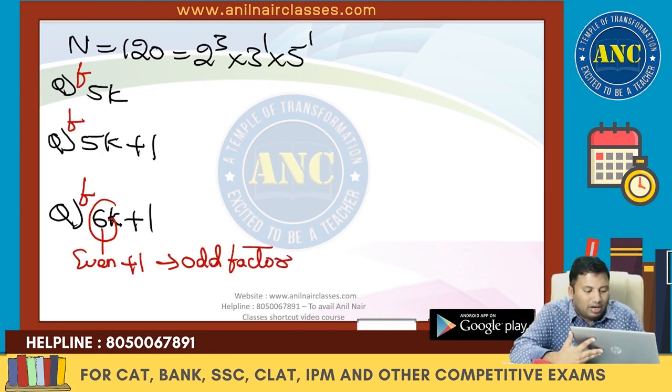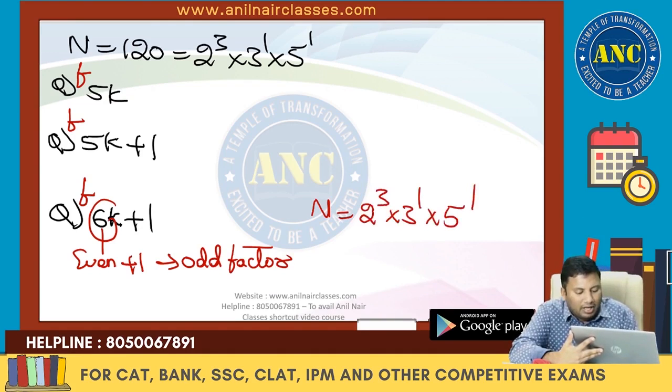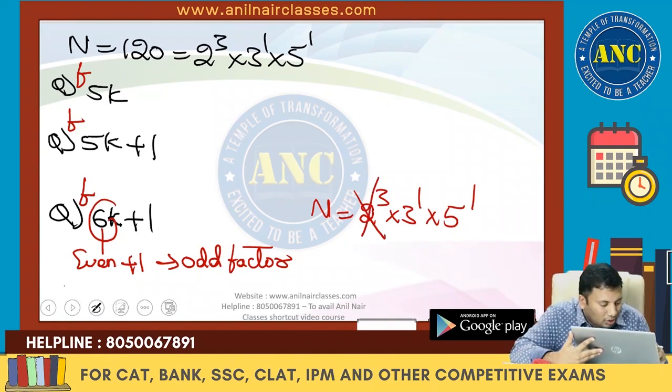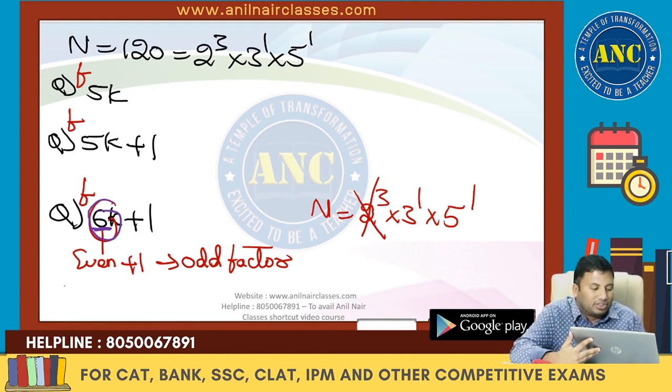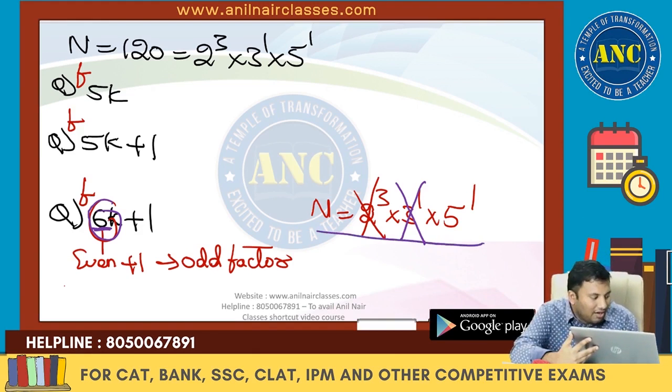When it is an odd factor, n is 2 cube into 3 power 1 into 5 power 1, so the power of 2 is eliminated. Now 6 is nothing but 2 into 3. Since 6k plus 1 is not divisible by 3, the answer is not divisible by 3. Then 5 power 1.